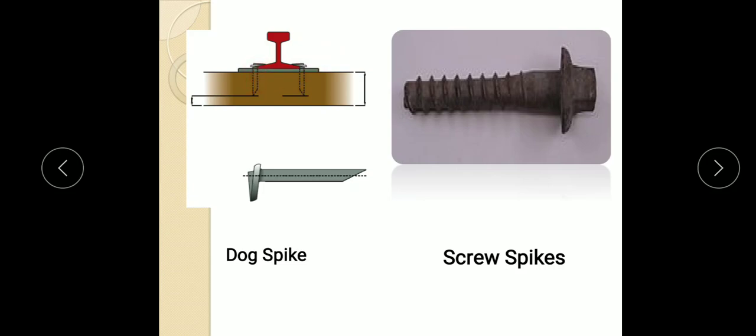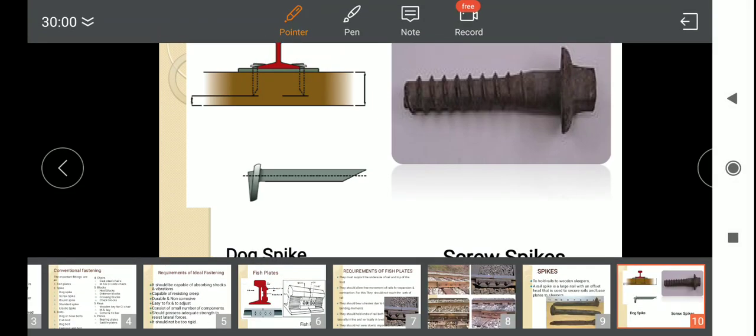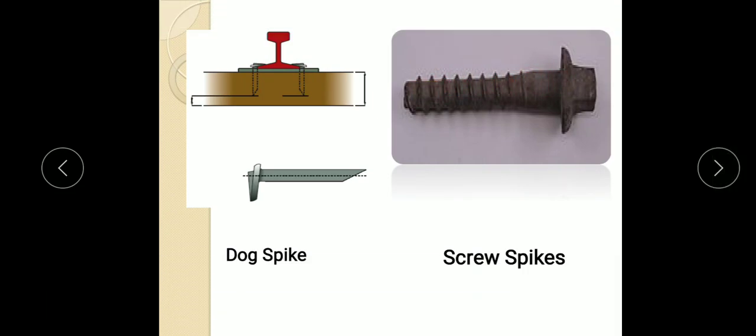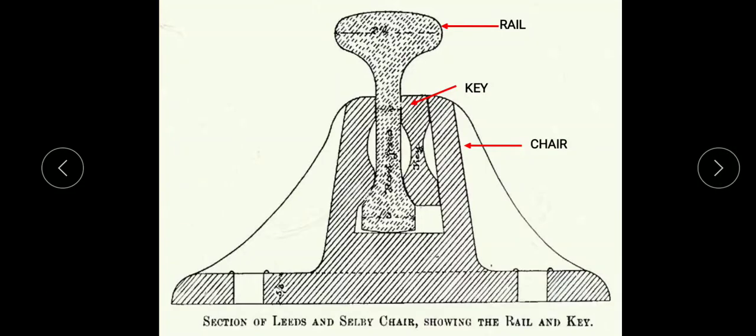This is the second type, that is screw spike, which is as shown in figure. Here we can see the rail section. This is a rail section which is held in position by this key, and this is a chair.